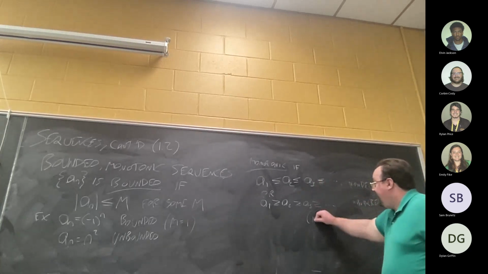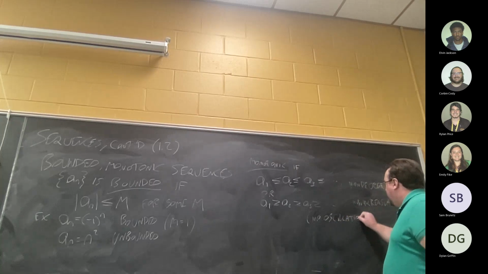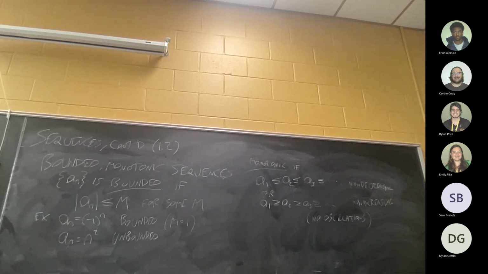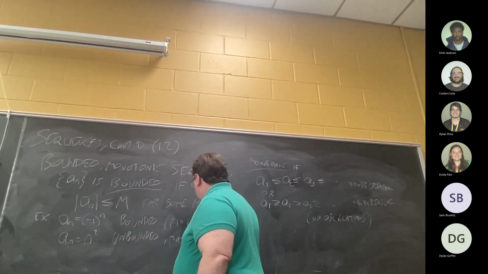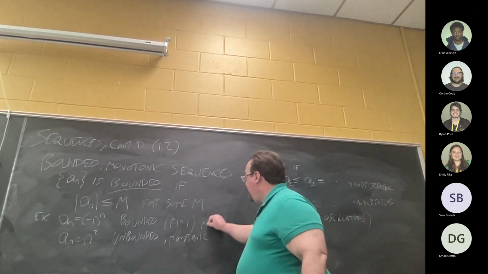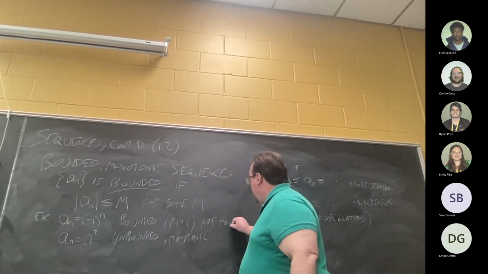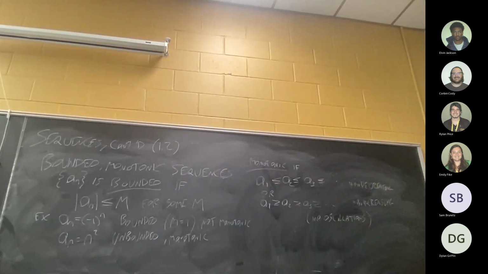Another way of putting it: no oscillations allowed. It can't go bouncing back and forth. So in fact, n squared is an example of a monotonic sequence because it's steadily growing. (-1)^n is not monotonic because it keeps bouncing back and forth between two values.